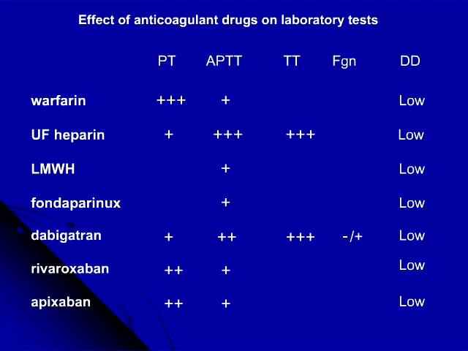The problem with education is going to be the education of all those clinical staff who are not involved in the prescription or management of patients on anticoagulants per se, but who will come across increasingly patients who are on these drugs. So in the emergency room, for example. And I'm aware that many clinicians who are not involved in hemostasis and thrombosis, many of them are not aware that these drugs actually have any effect on coagulation tests.